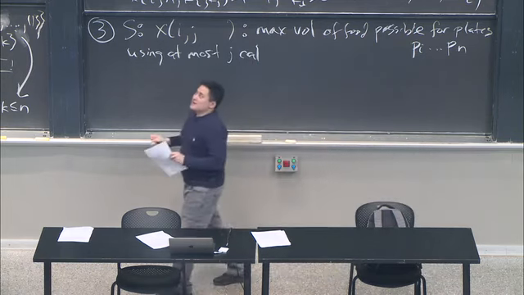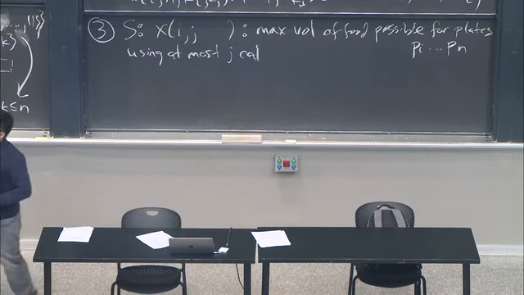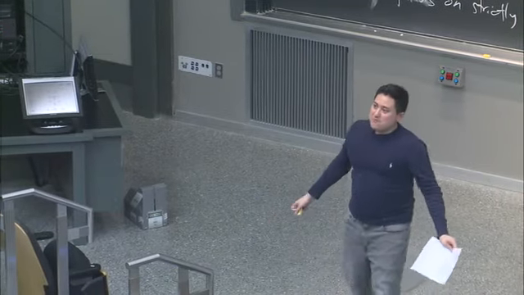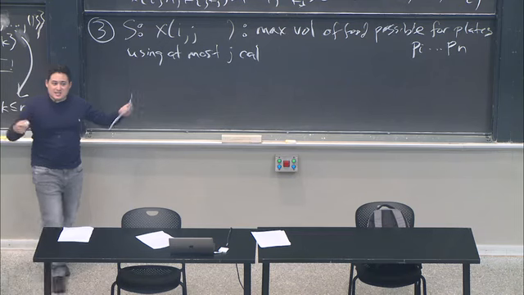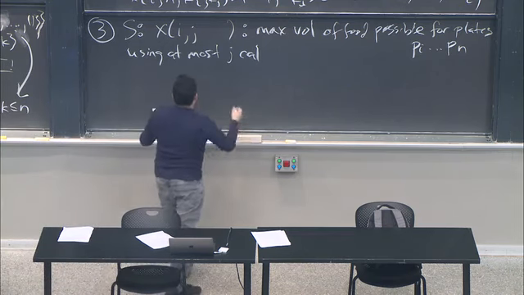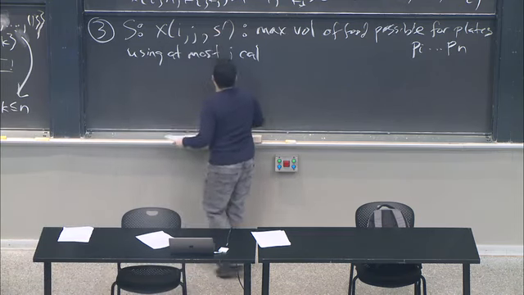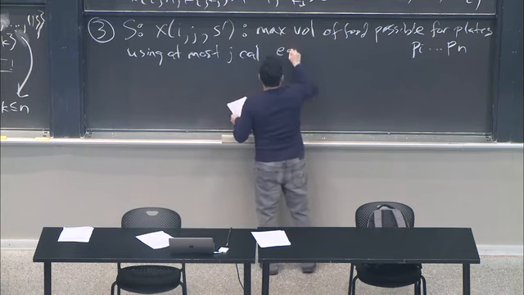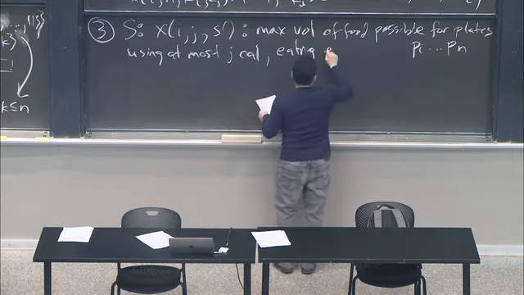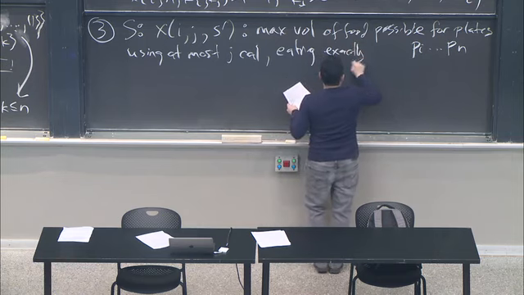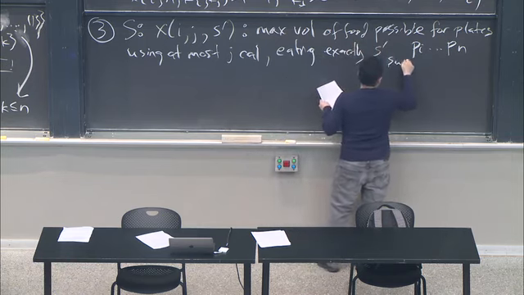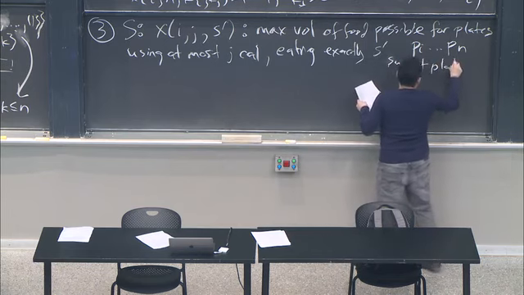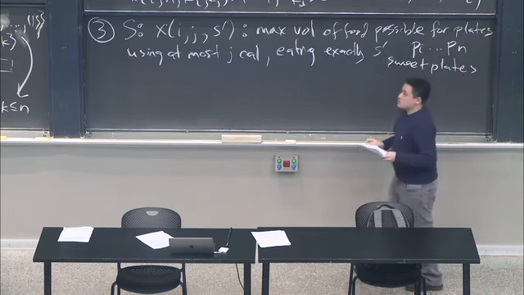And I need to make sure that I'm eating exactly some number of sweet plates in the future. And I need to remember, as I eat a sweet plate, the number of sweet plates I need to eat decreases. And so I want to generalize that. I'm going to put an s' here to denote eating exactly s' sweet plates. Okay, so that's my subproblem.